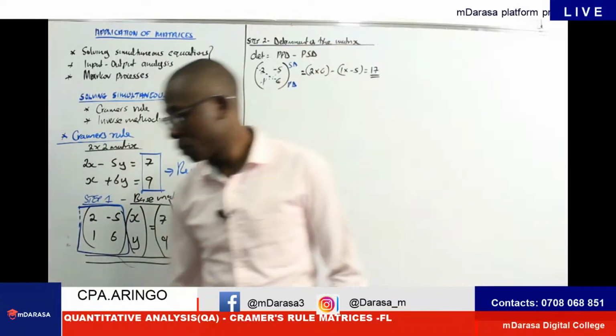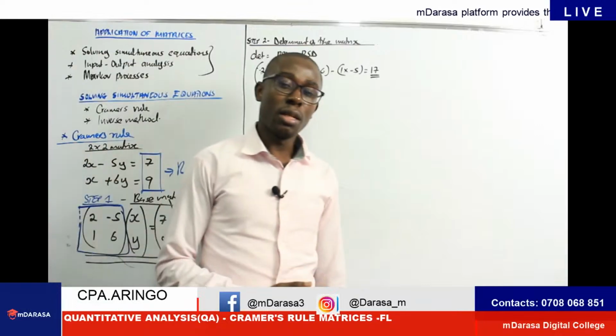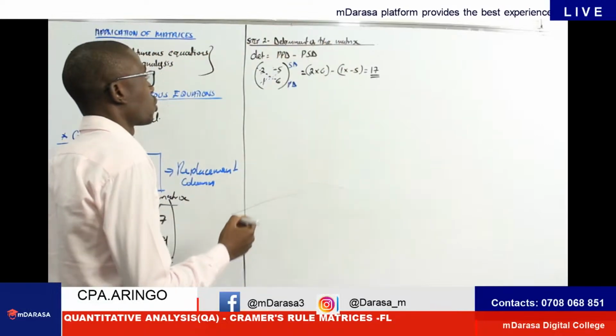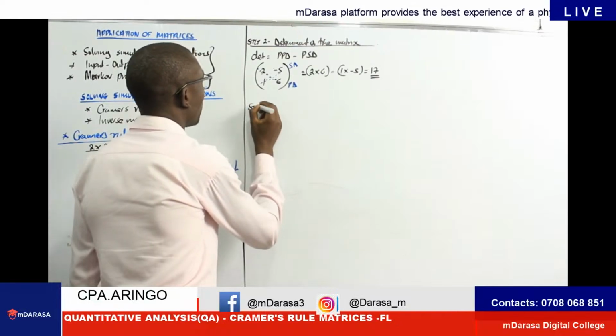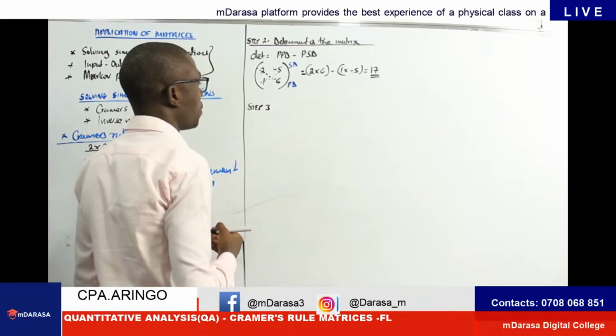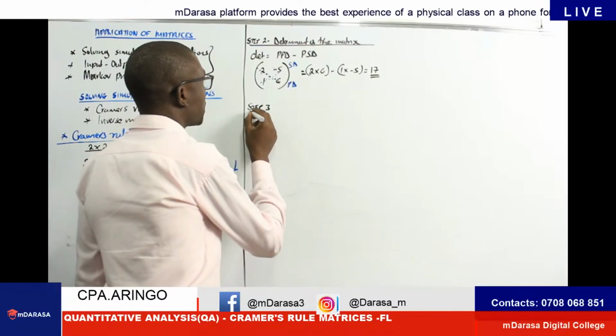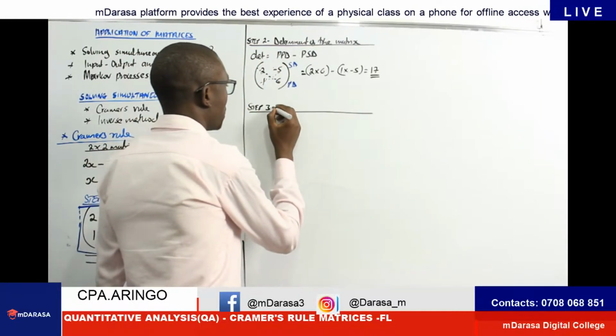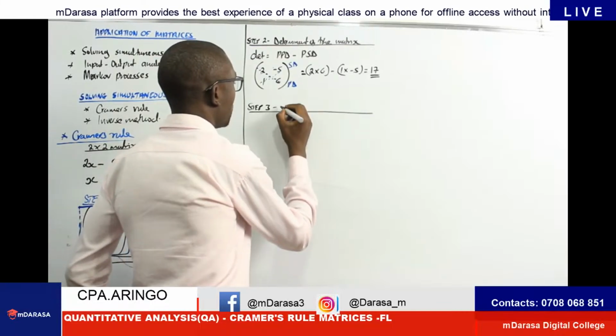After we determine the product of our primary diagonal, my good students, if you talk of step number 3, this is the most important step. We should come and determine the determinant of the numerator matrix.